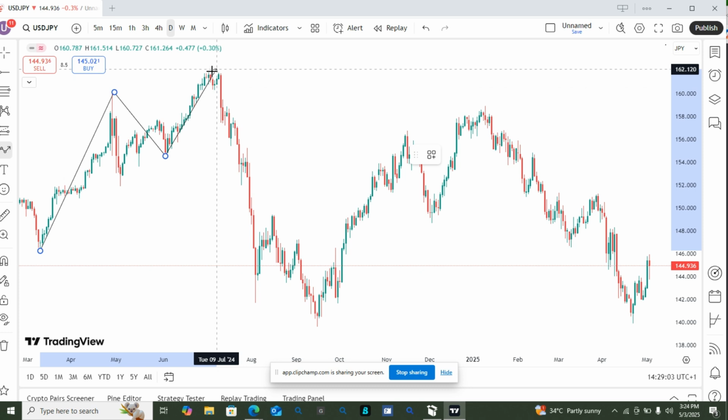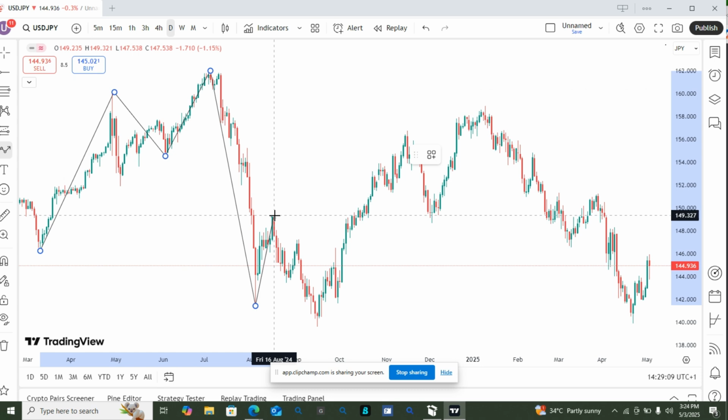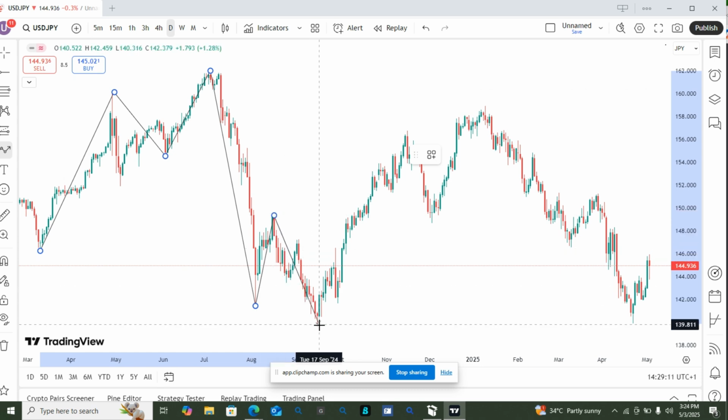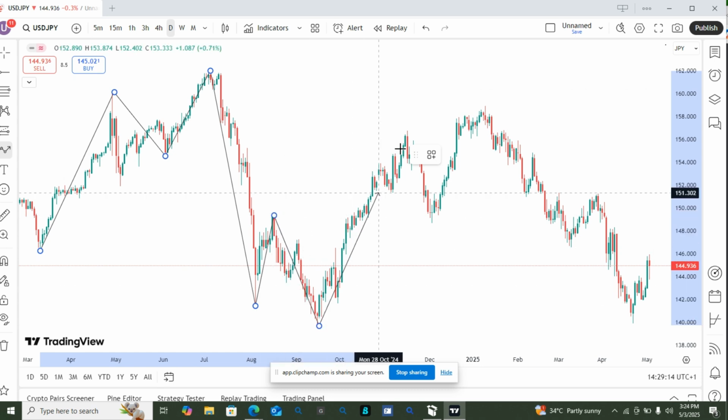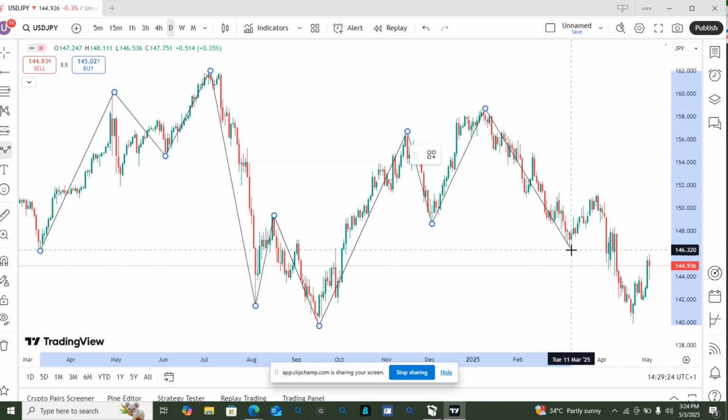A higher high. We created a lower low, turned bearish, lower high, another lower low, and a higher high. We turn bullish now, and a higher low, higher high, still bullish. Now we have turned bearish, lower low, lower high, lower low.